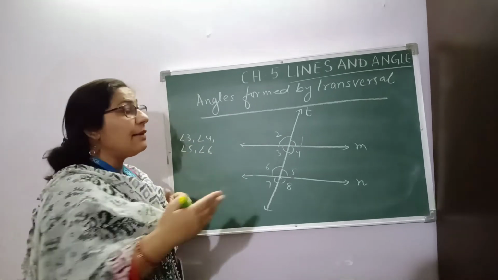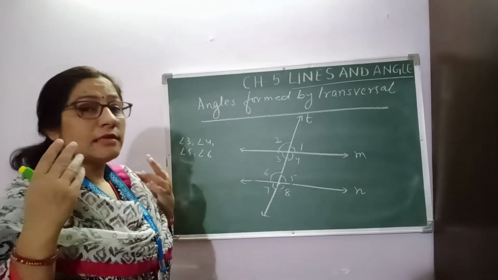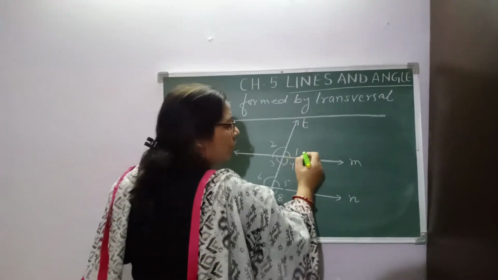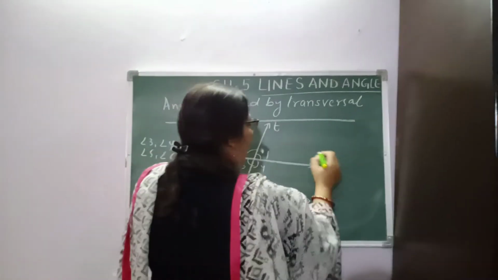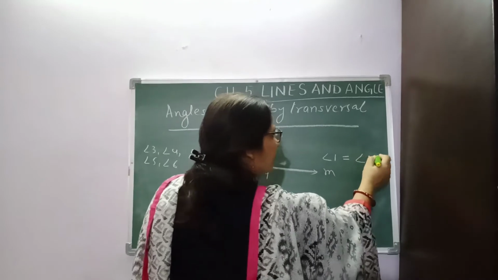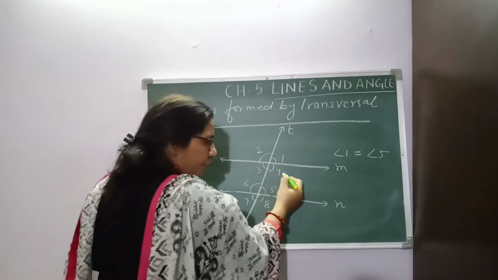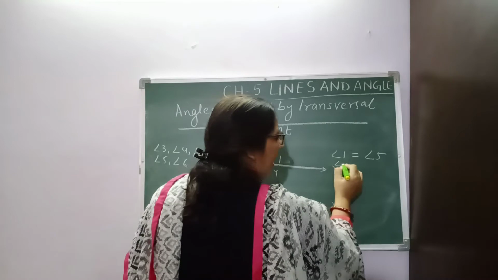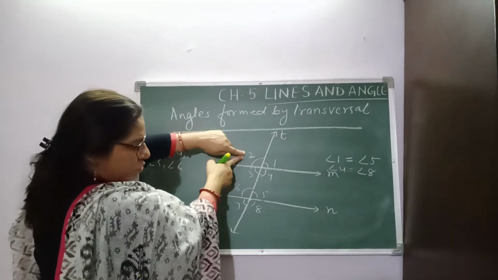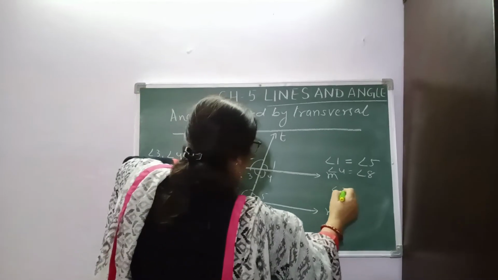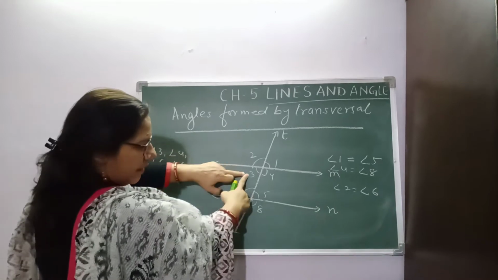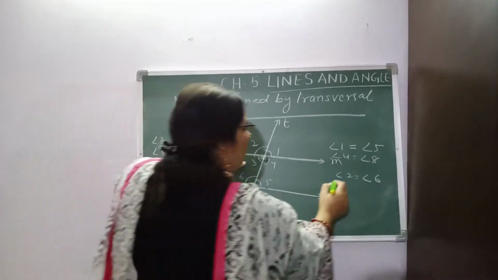Now how can we prove that some angles are equal in this figure? Here we can see angle 1 is equal to angle 5. Same there, angle 4 is equal to angle 8. On the other side, angle 2 is equal to angle 6. Same, angle 3 is equal to angle 7.